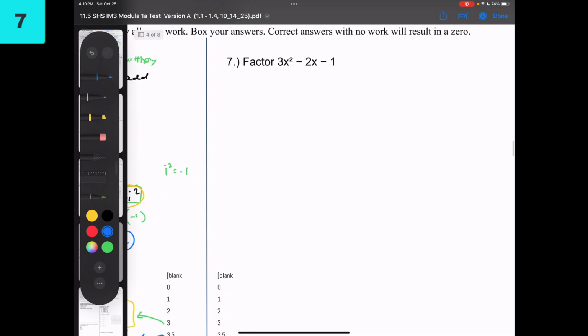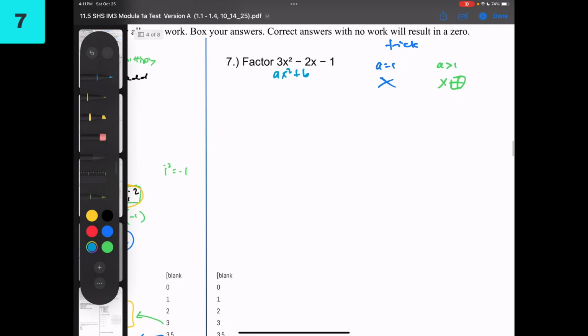All right, number 7. Let's make sure you understand the trick. When your a is 1, you just need the x. When your a is greater than 1, like 2, 6, negative, you need the x in the box. Okay. So I have standard form, no parentheses, a is 3, b is negative 2, and c is negative 1.